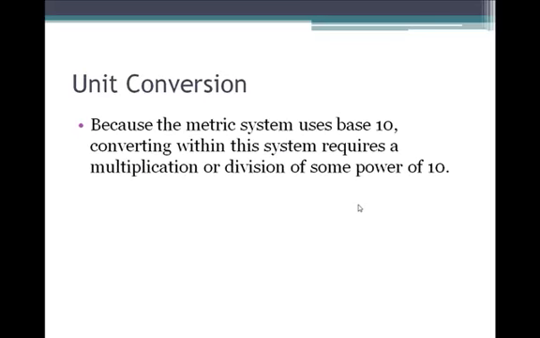Unit conversion. When we're converting within the metric system, because it uses the base 10 system, it converts between the different measurements by powers of 10. That's equivalent to multiplying or dividing by some power of 10.